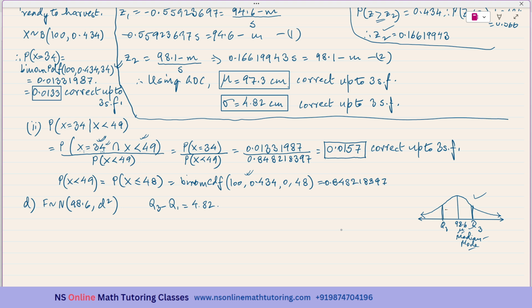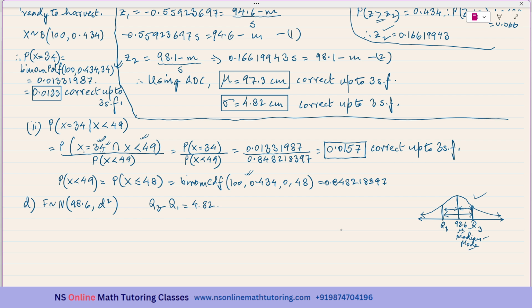Okay, this portion below the mean will be equal to this portion above the mean. That means mean is equal to median. So median minus Q1 will be equal to Q3 minus median. The median is dividing the entire range between Q1 and Q3, which is the interquartile range.